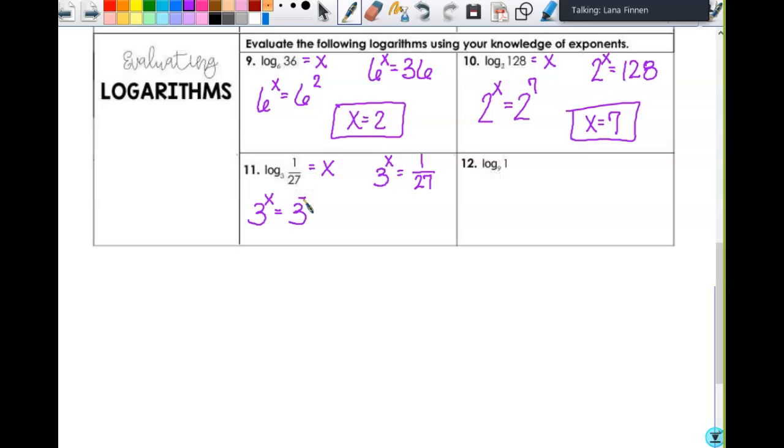And it's going to be 3 to the negative what? 3rd. So now that the bases match and it's the same value as this, then x equals negative 3. Everybody okay with all that?